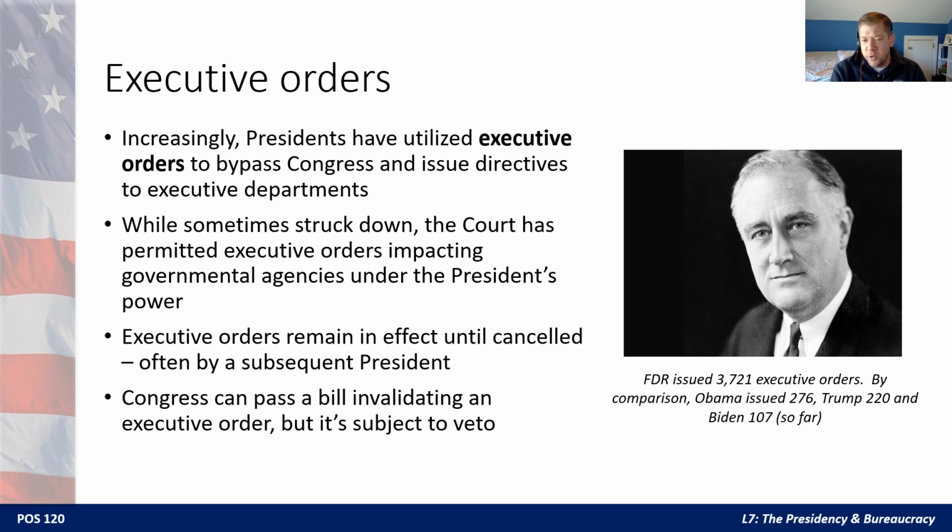FDR, Franklin Delano Roosevelt, has issued historically the most executive orders in history, over 3,700. You can see by comparison Obama, Trump, and then Biden thus far. If you remember the historical context, this was during the Great Depression. FDR was also in office for 3 terms because that's before we had term limits.